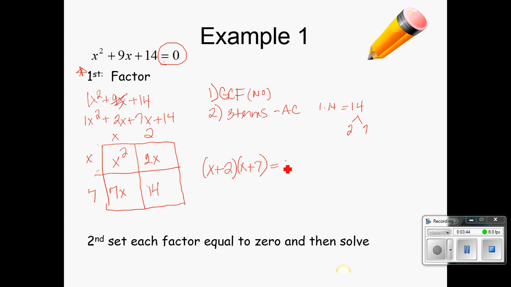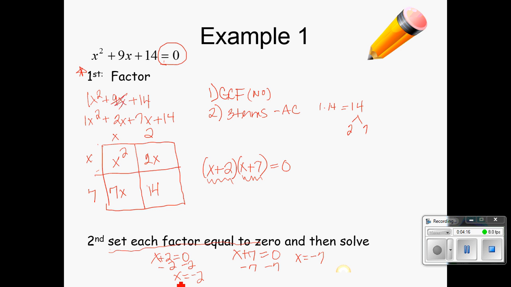Then we bring the equal 0 down, and now we do the next step, which says set each factor equal to 0. And so I am going to take my x plus 2 and set it equal to 0 and solve. So x equals negative 2. And then I'm going to take my x plus 7, because this is a factor and this is a factor, and I'm going to take x plus 7 and set it equal to 0, subtract 7 from both sides, and x will equal negative 7.